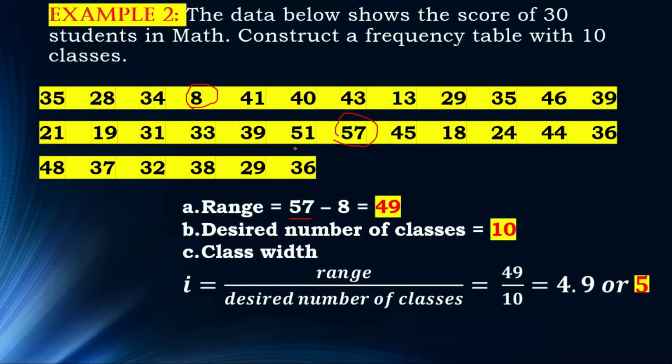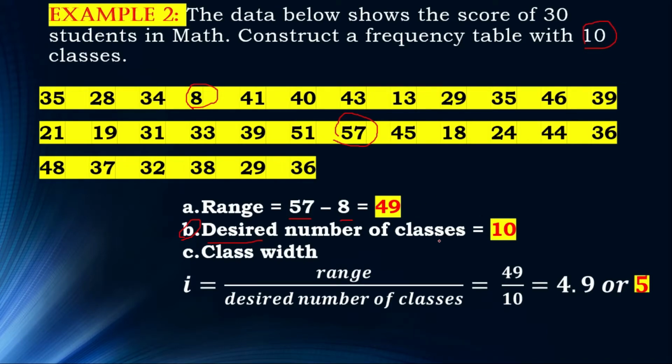We just subtract the highest score and the lowest score. So 57 minus 8 is equal to 49. Then next to identify, letter B, is the desired number of classes, which is already given. The desired number of classes is given, which is 10. So we will make 10 intervals.